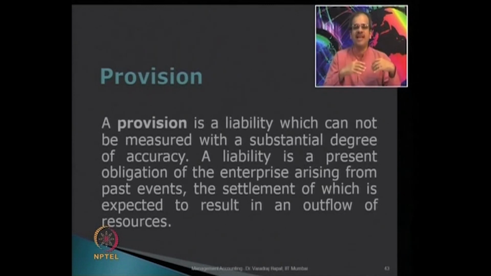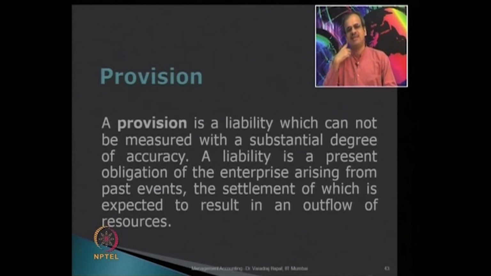Let us say instead of salary, usually an employee is paid a bonus or an incentive of 5,000 per month, but it may change as per performance. So, we do not know exactly how much amount will be payable in the month of March. So, when we prepare the balance sheet for 31st March, we will have to make a rough estimate, and based on the rough estimate, we will try to estimate the liability. Such a rough estimate is known as provision.